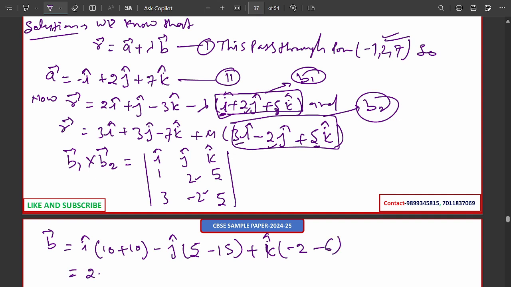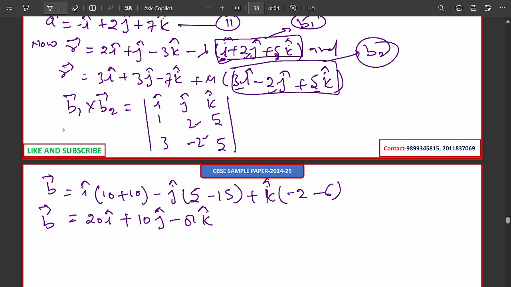So this is 20 i unit vector plus 10 j unit vector and minus 8 k. So this is the b vector.